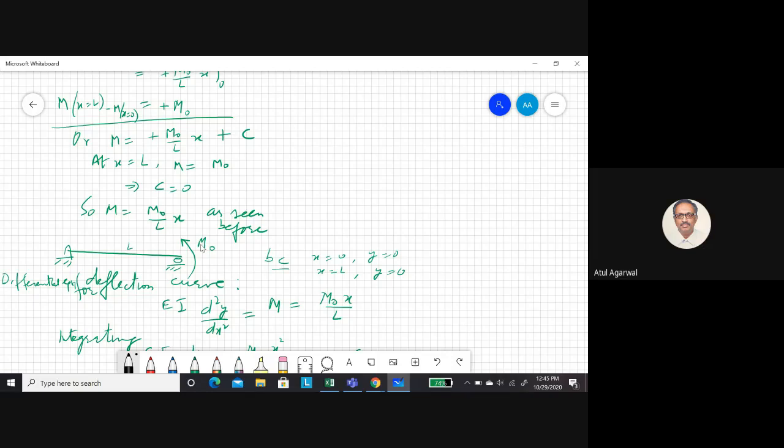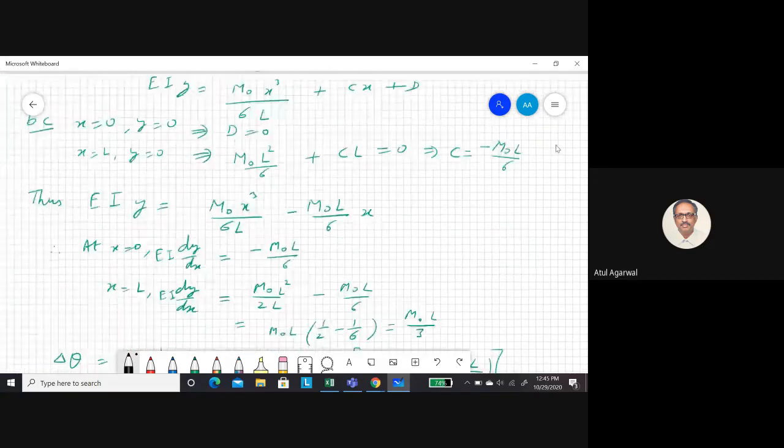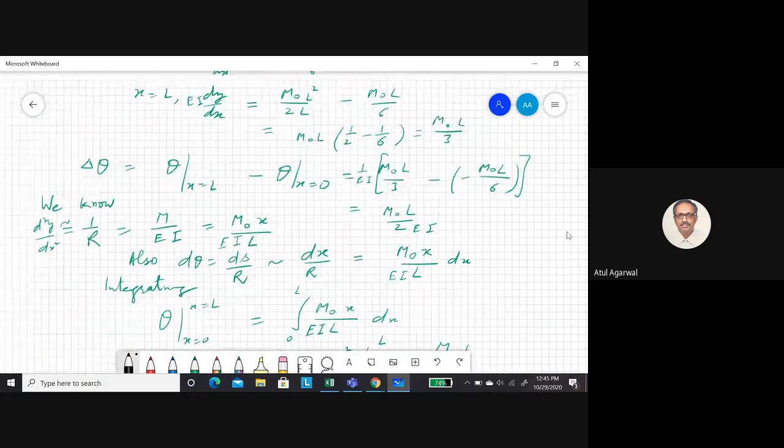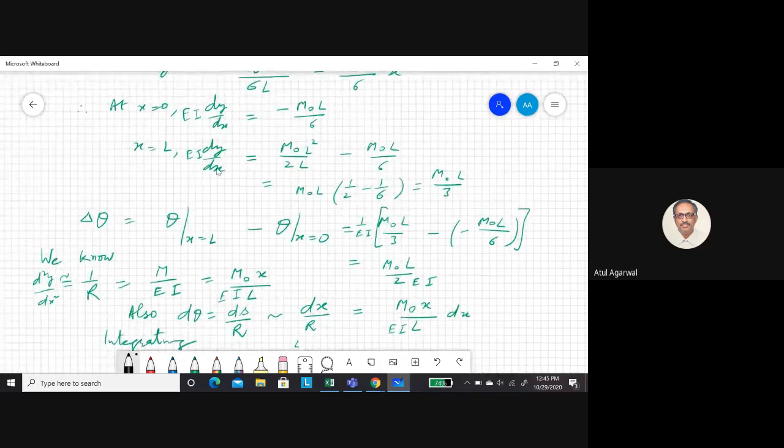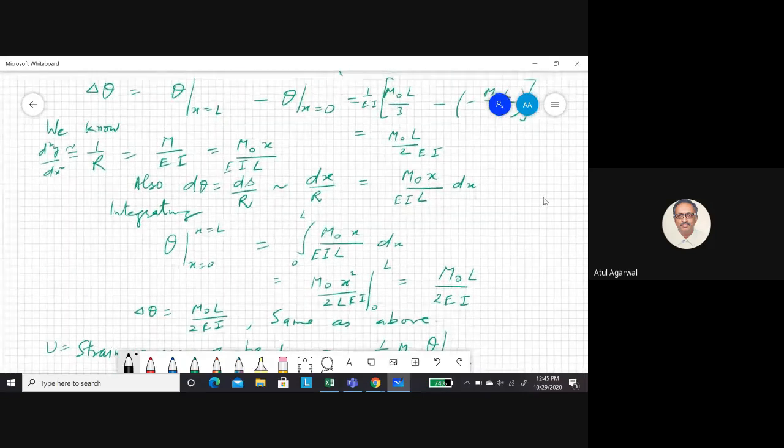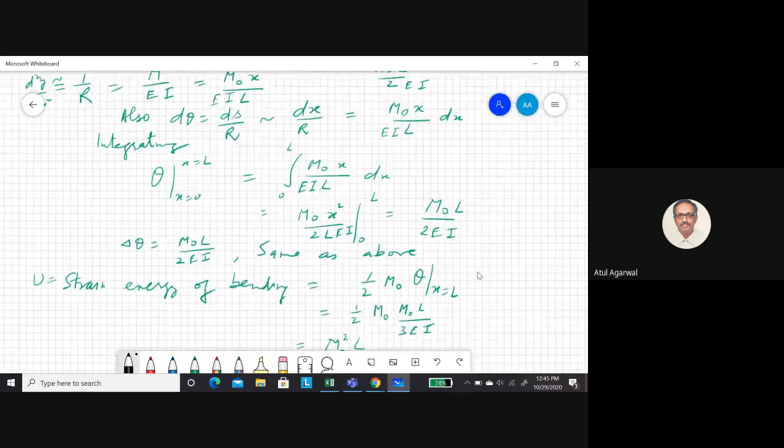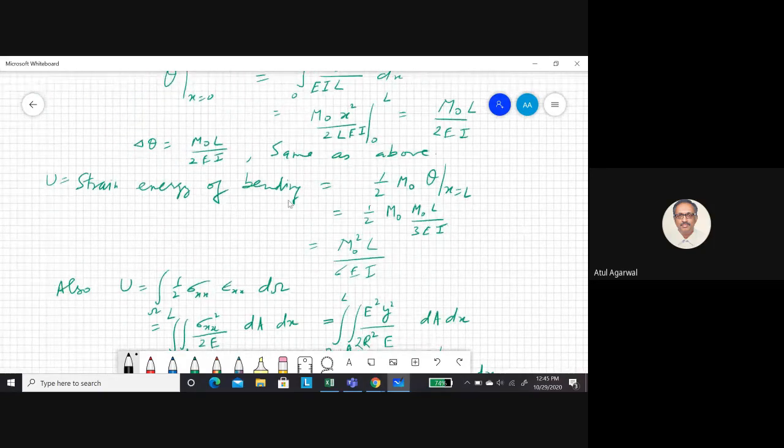Half is required because everything is done quasi-statically. The rotation of that plane at the right end is calculated here, M naught L by 3 EI. So half into external movement into M naught L by 3 EI gives you the strain energy of bending. Whatever is the work done by the movement gets stored as strain energy.